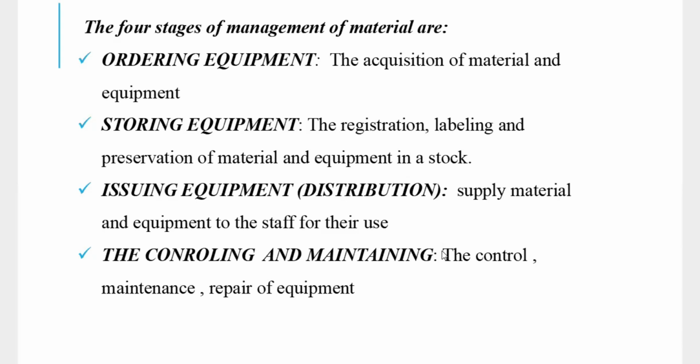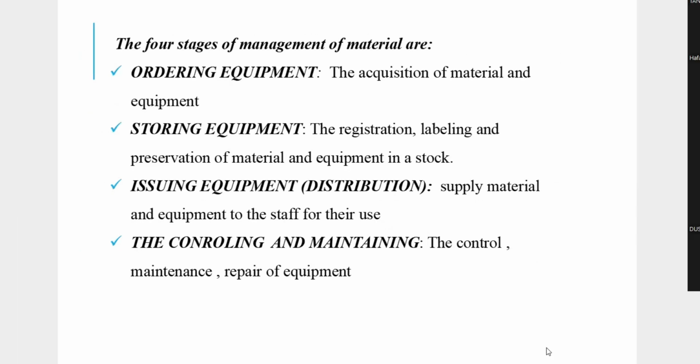Preventive maintenance is regular prevention performed to prevent any breakdown of equipment or material. Curative maintenance is done when the equipment has already broken down.